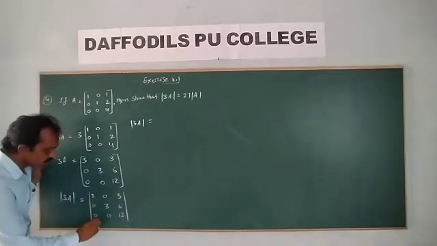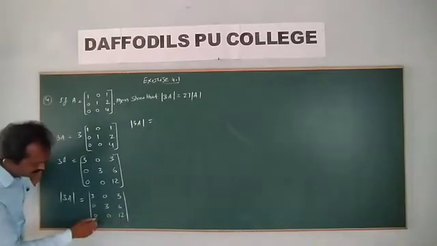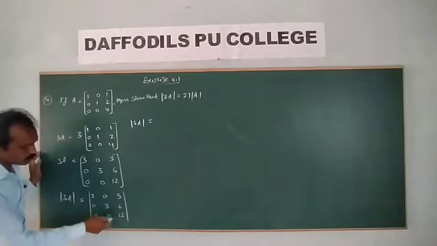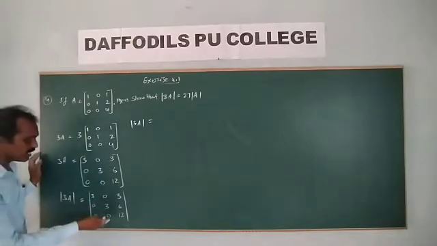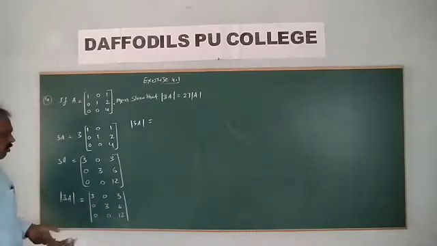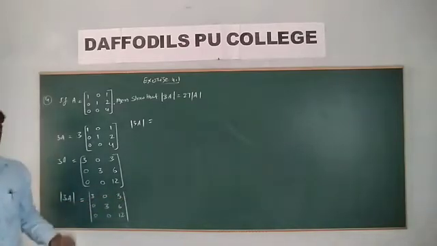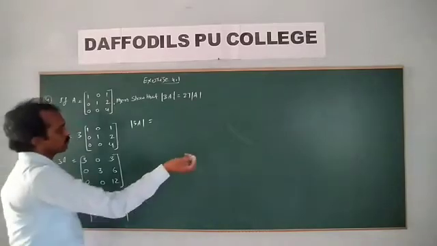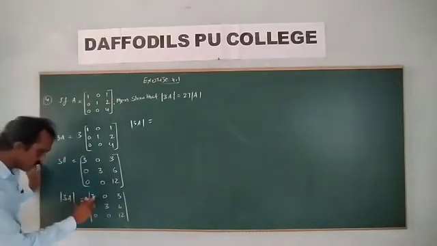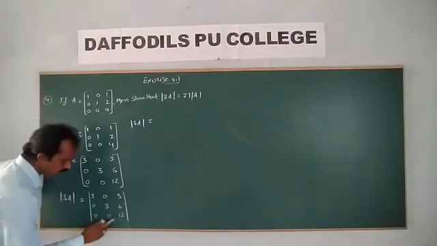Here, the first column and the third row have 2 zeros each, so it is better to take those, and it is very easy. Our choice with respect to R1 gives the same answer here.